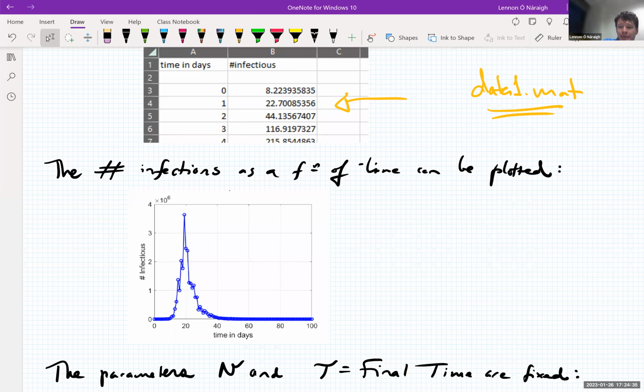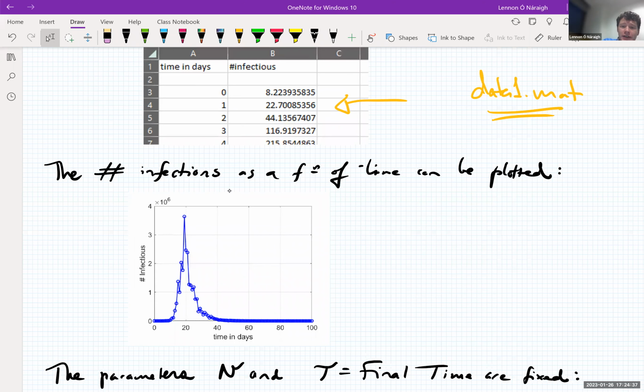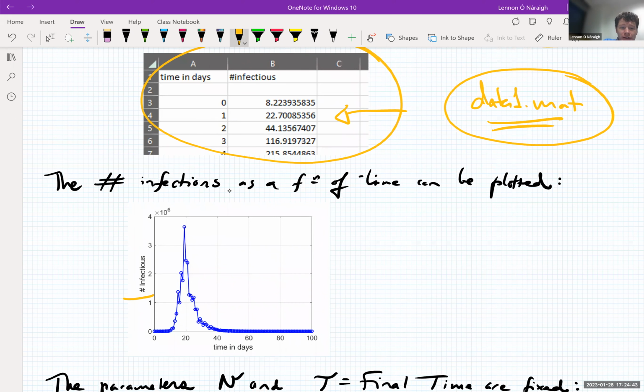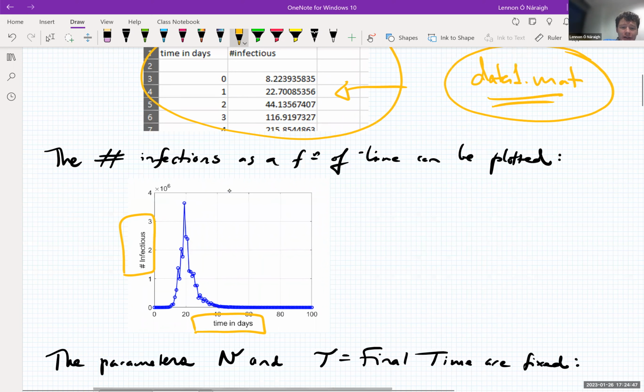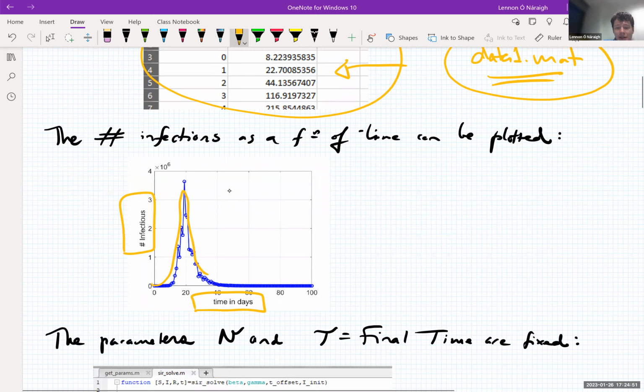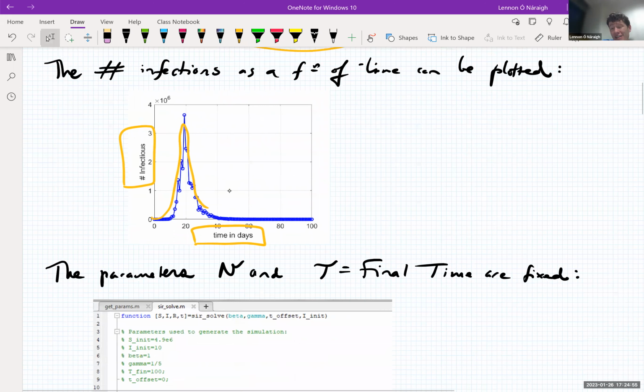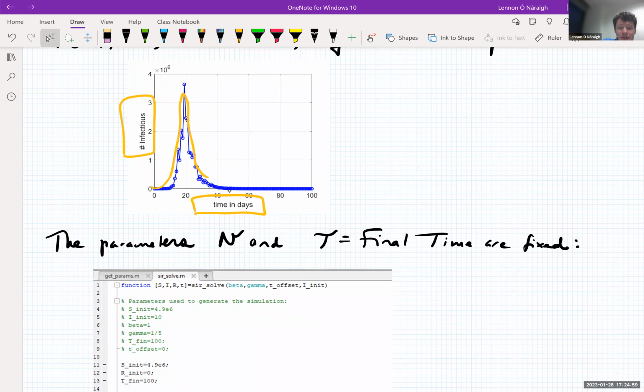So you open the data file in CSV or in MATLAB and you plot. You get the number of infections as a function of time, and you get the characteristic spike associated with an epidemic.